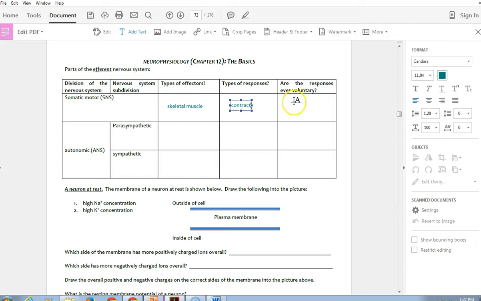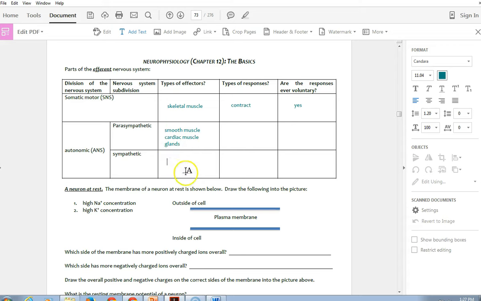Are these responses ever voluntary, meaning, can you ever control skeletal muscle? Yes, you can. You can choose to control it. Now, the autonomic nervous system, again, we said that our effectors, the things that are responding, are either smooth muscle, cardiac muscle, or glands.